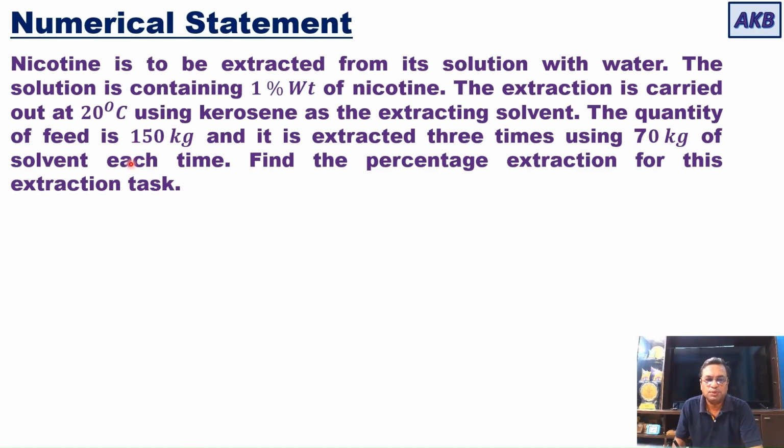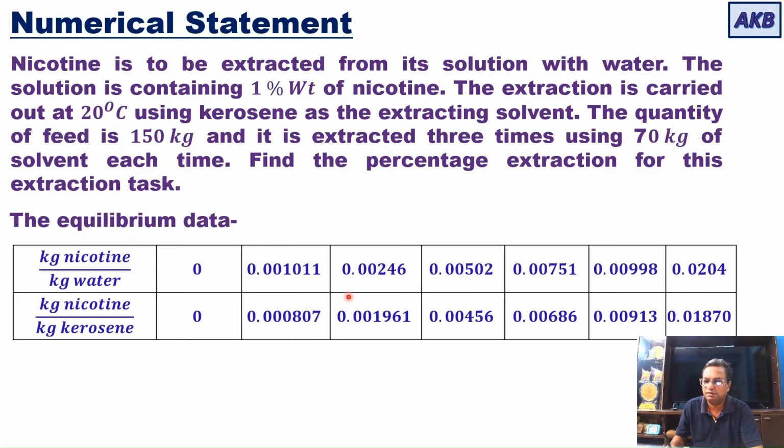What else is given to us? We have been provided with the equilibrium data. The equilibrium data has various values of the quantity kg nicotine per kg water, and corresponding values for the quantity kg nicotine per kg kerosene.